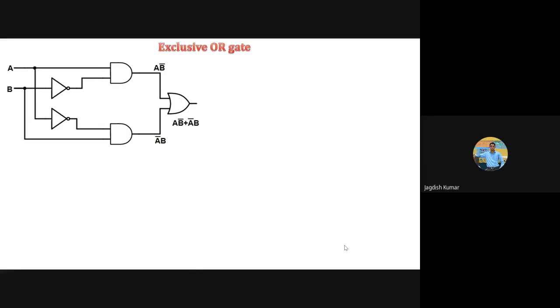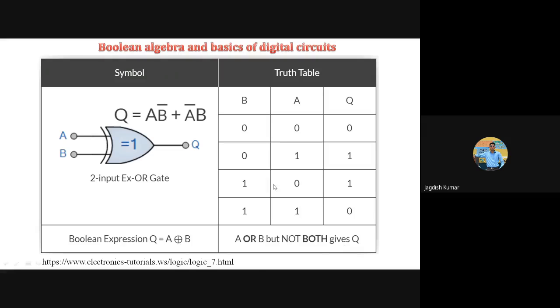Now, question is, how to realize this with the help of those fundamental gates or basic digital gates which we have studied. This is representing exclusive OR operation. Now the question is, how is this expression or this gate related to the fundamental building blocks?